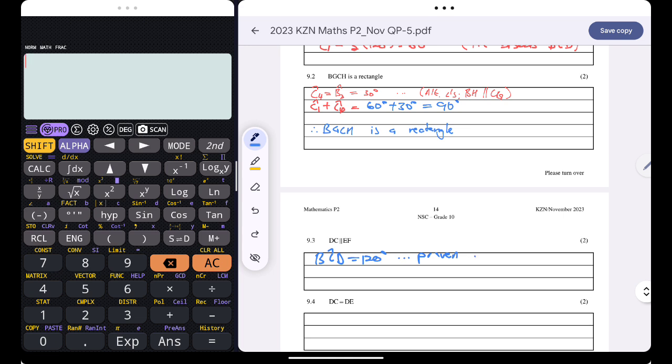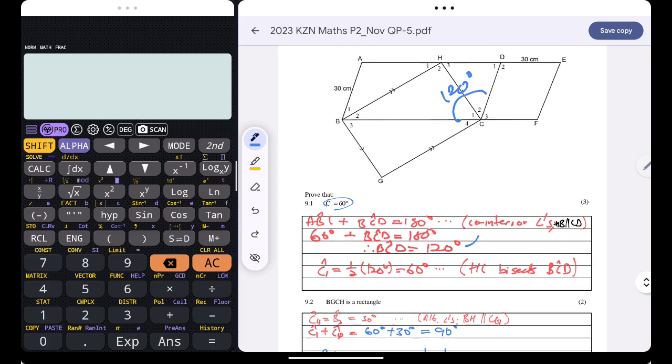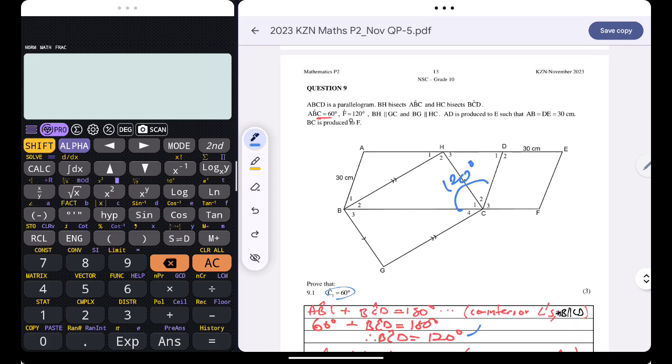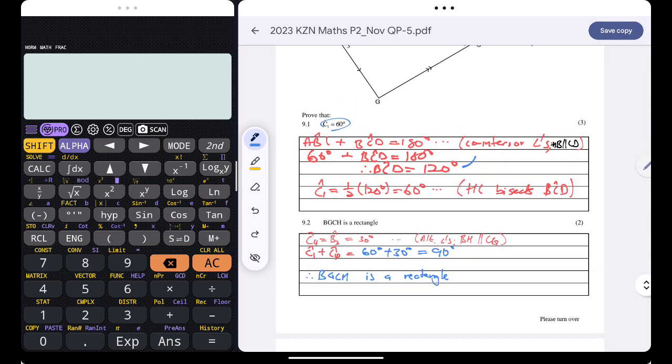This was proven in 9.1. And I was told that angle F is also 120 degrees. This was given in the opening statement, that angle F is 120 degrees.